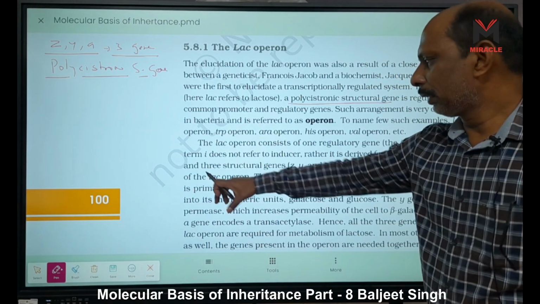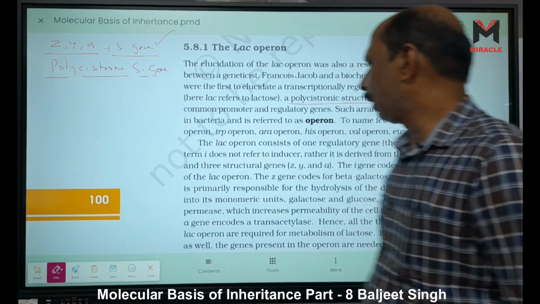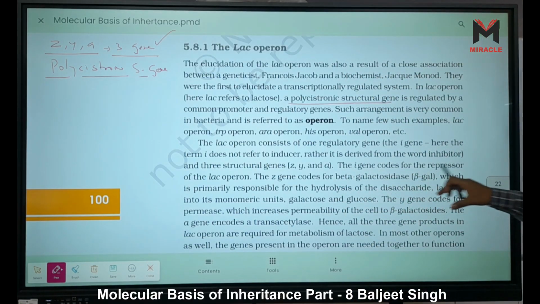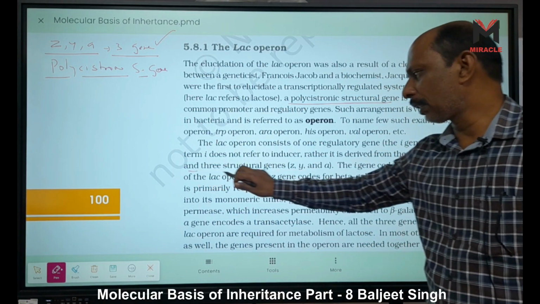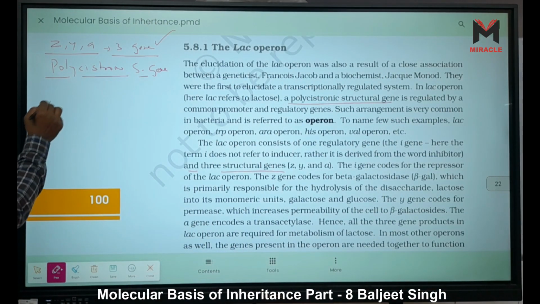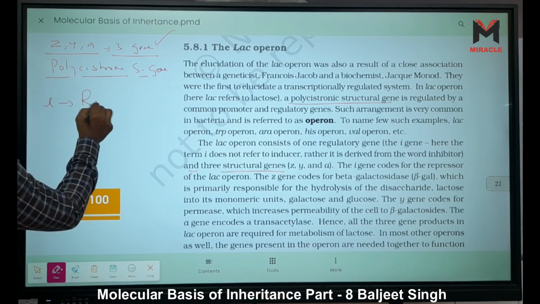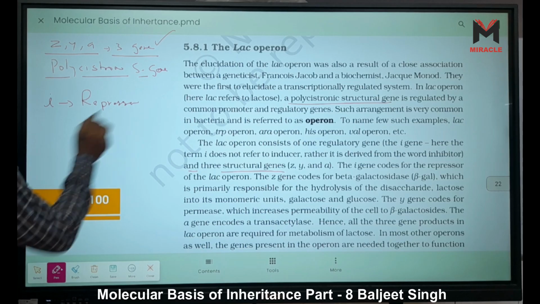And the three structural genes are Z, Y, A. The I gene codes for the repressor, and the three structural genes are Z, Y, A. Here simply it is given as a small i, it is our inhibitor gene and it produces the repressor, right?